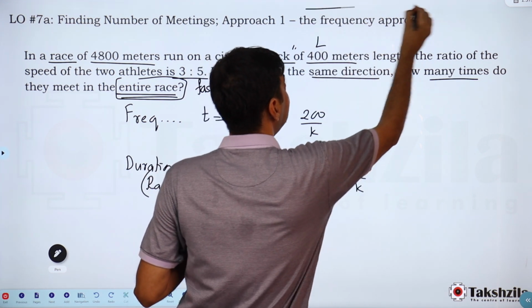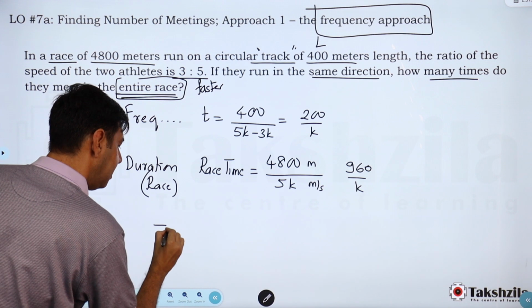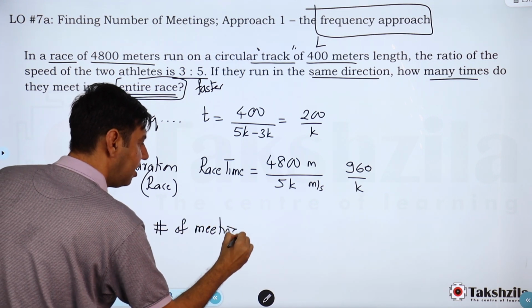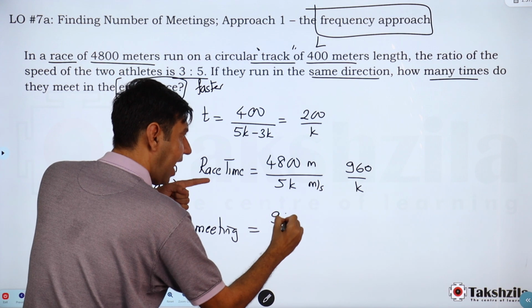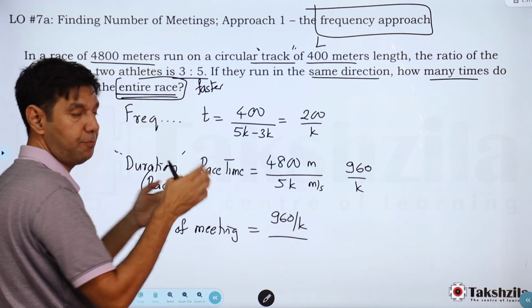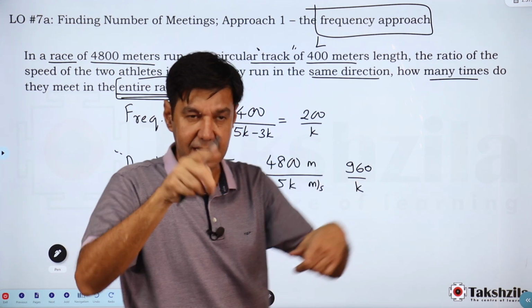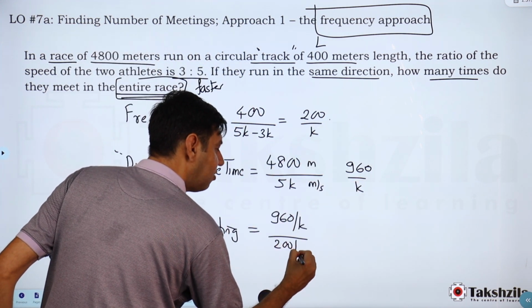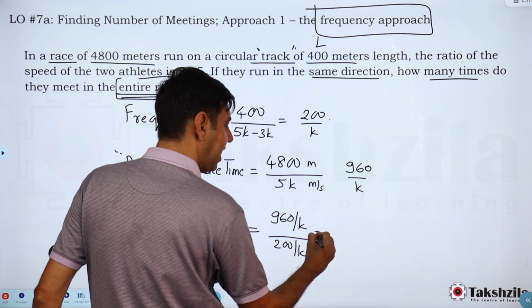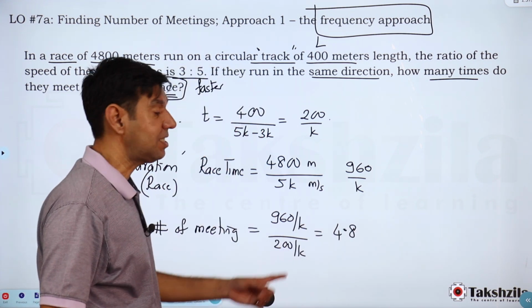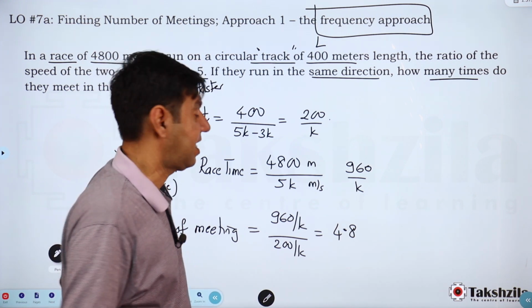And using the frequency approach, the number of meetings is nothing but the duration, the entire window. You could even think of this as the window of opportunity, the window during which they can keep meeting, and they keep meeting after how much? After every 200 by k. So the k cancels out and you are left with 4.8. Now obviously they can't meet 4.8 times, right?